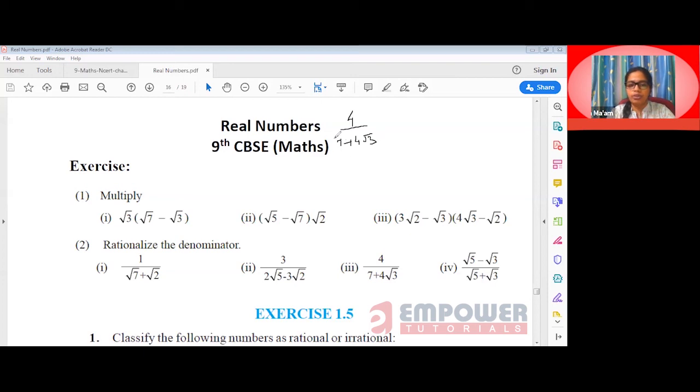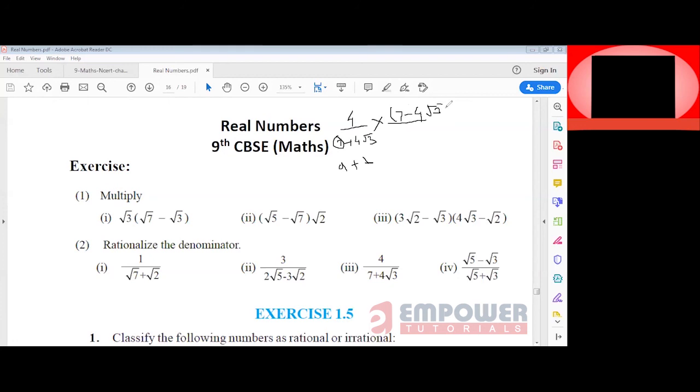So you will consider this as A plus B form, and this will be your B. Now tell me its conjugate pair. 7 minus 4 root 3. Very good. So you will multiply it with 7 minus 4 root 3 in the numerator as well as in the denominator.